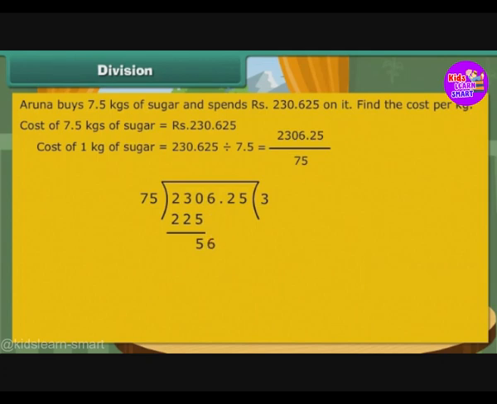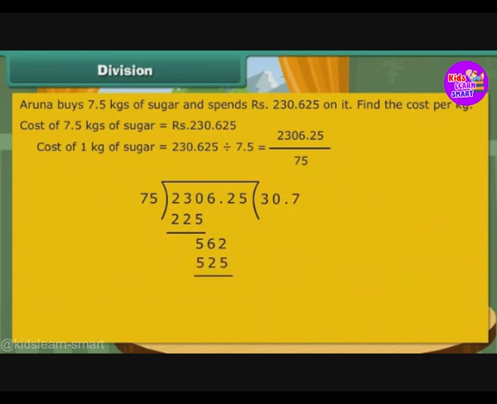Bring 6 down. The new number formed is 56. 56 cannot hold 75, so write 0 to the right of 3. Bring 2 also down. Since 2 appears after the decimal point, place a decimal point to the right of 0. The new number 562 holds 7 times 75, that is 525.